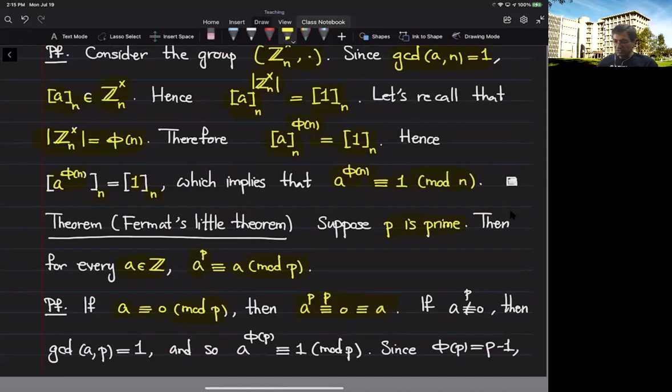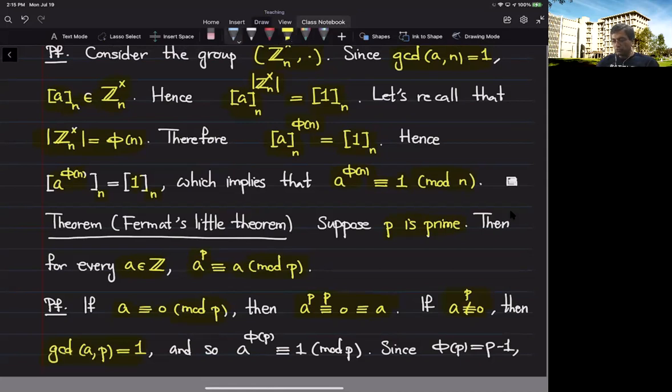Now assume a is not 0 mod p. Then the residue class of a is actually in the group of units mod p that we showed. Or alternatively, we can say, but we have to argue why this is the case, that a and p are coprime.